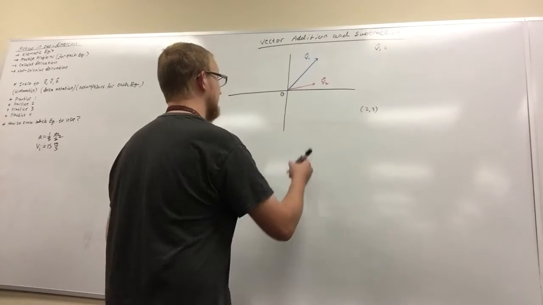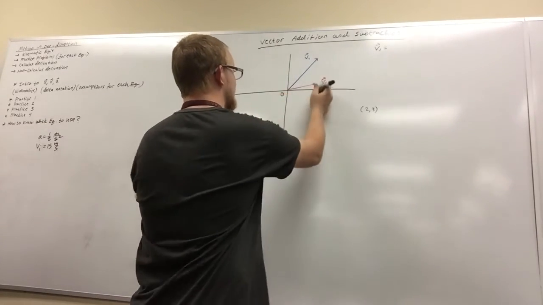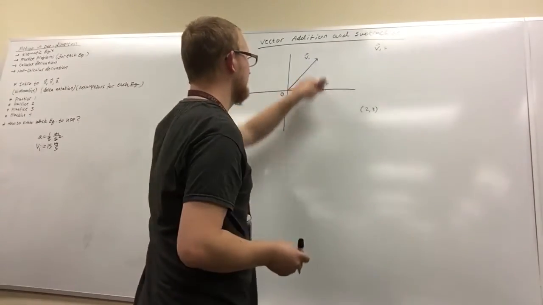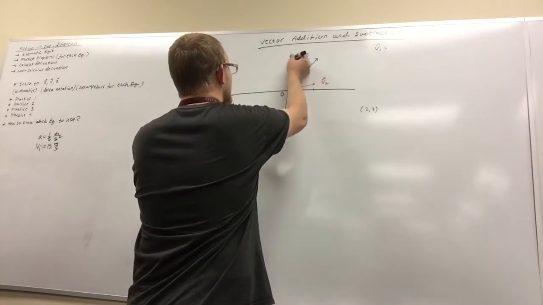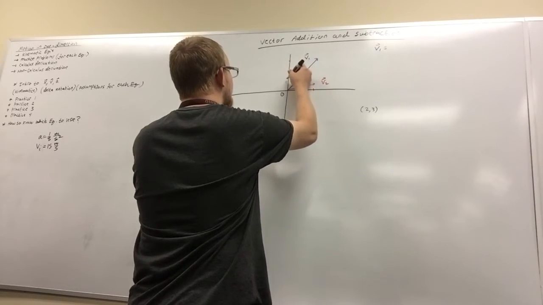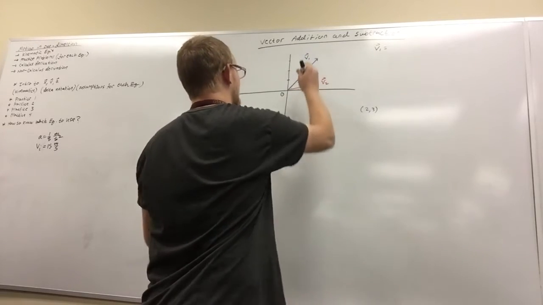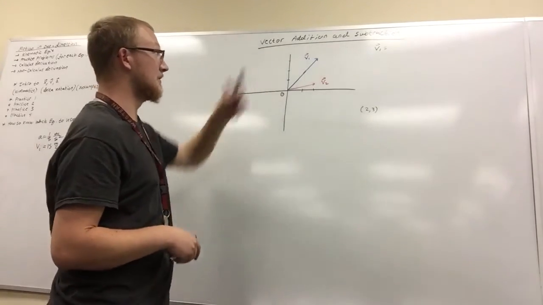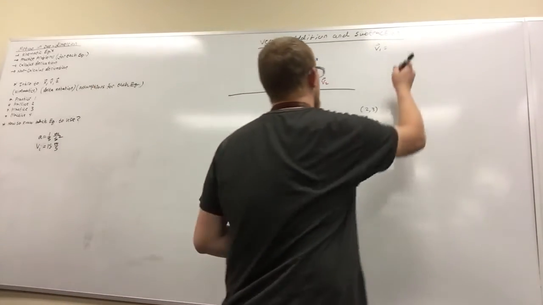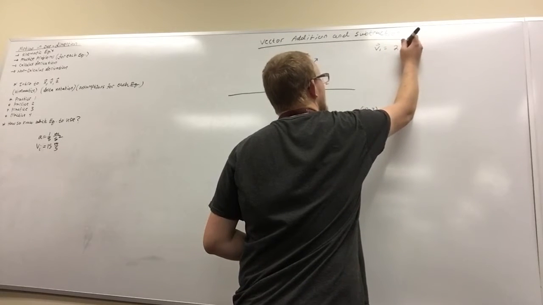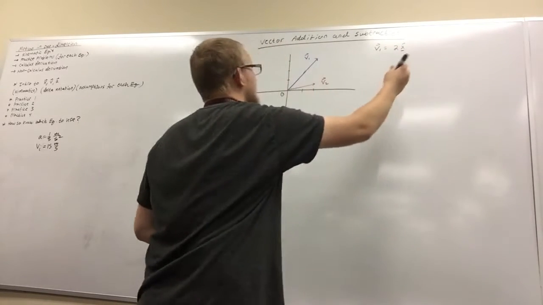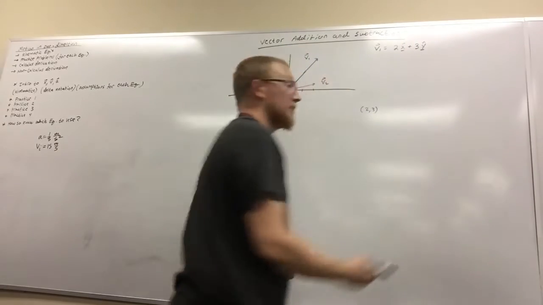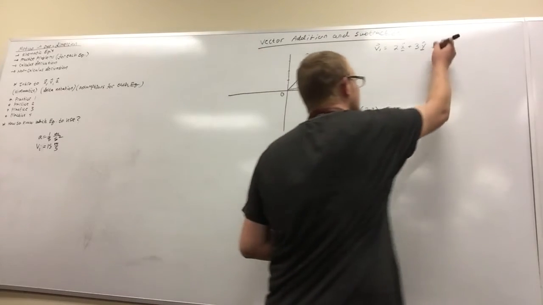So let's, for example, say that both of these are 2 unit vectors in the X hat direction. They both look like they're about the same amount in the X hat direction. And then up here, let's go ahead and say that vector 1 is 3 Y hat unit vectors along in the Y direction. So V1 is going to be 2 X hat plus 3 Y hat. And if there is another way to write this, it's really up to you.